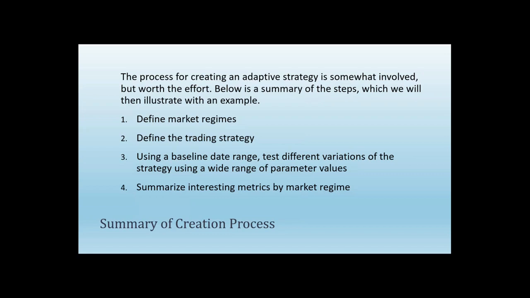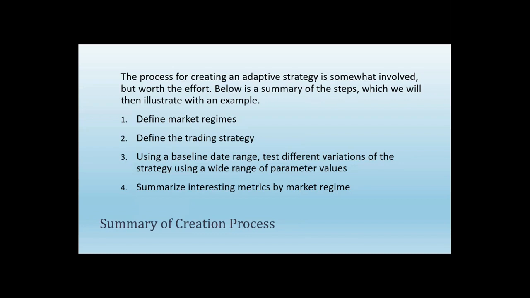So using that baseline date range, and tonight we're going to use 2000 through 2012, we're going to basically optimize our strategy across a range of parameter values in that particular date range, and we're going to see how the strategy does. And specifically, we want to summarize the metrics of interest by market regime. So it's all well and good to say, well, my overall compound annual return for 2000 through 2012 was 17%.